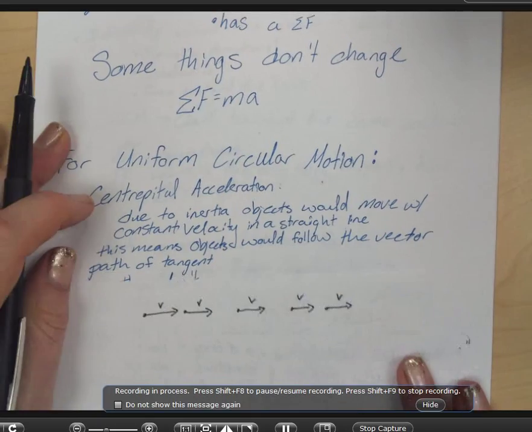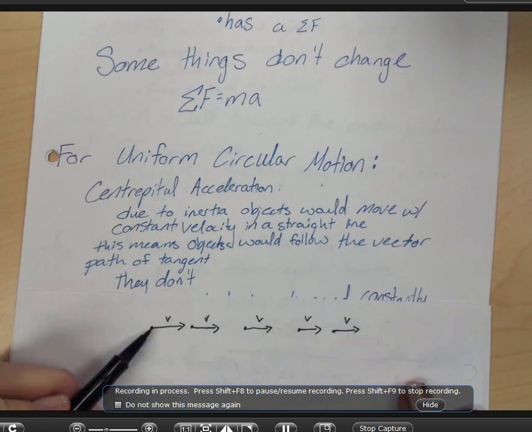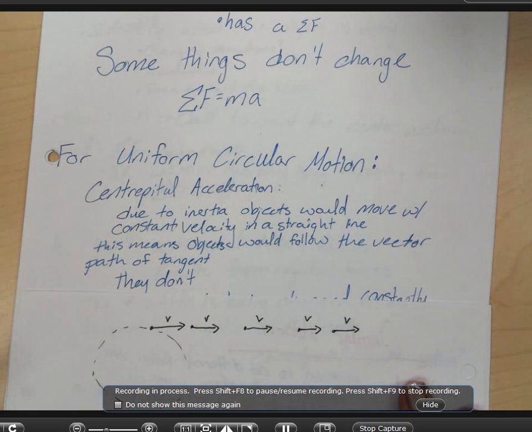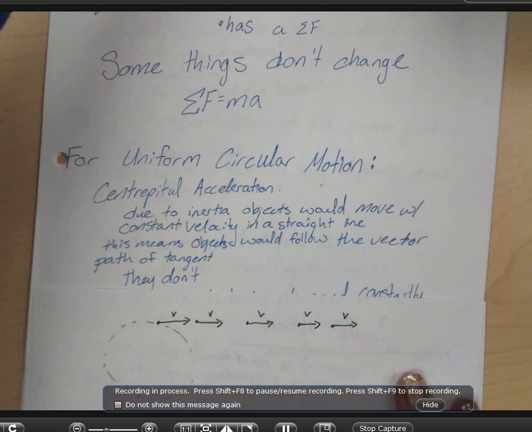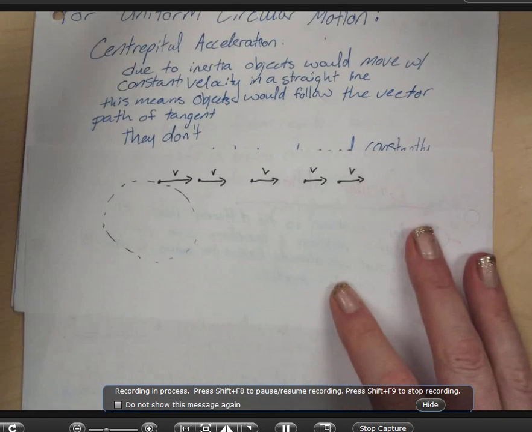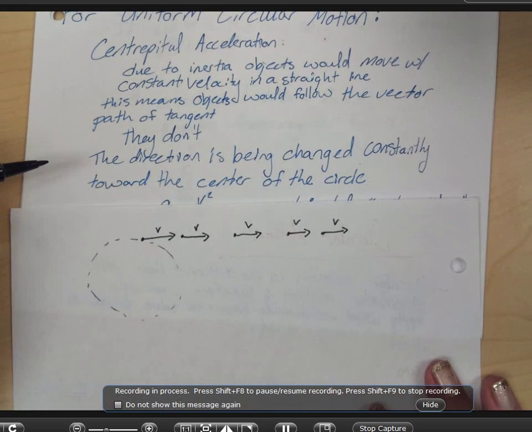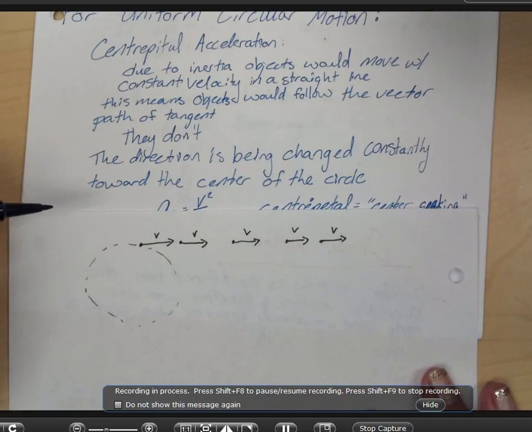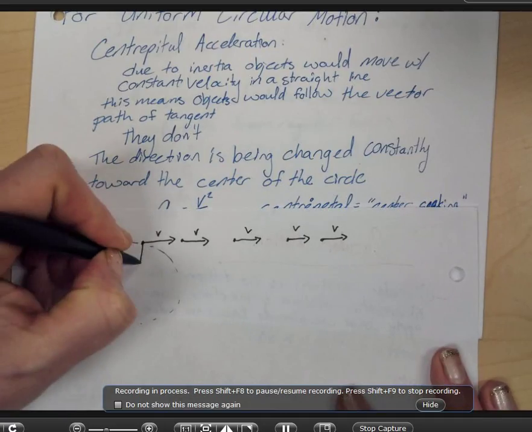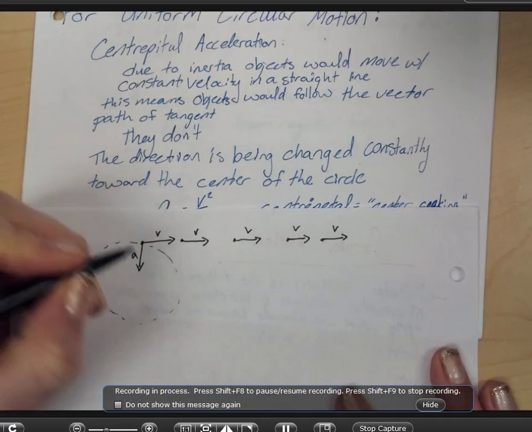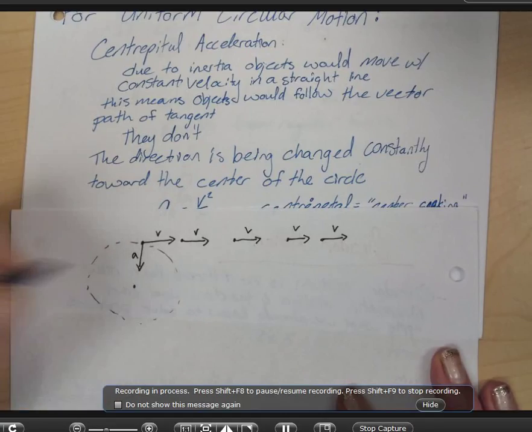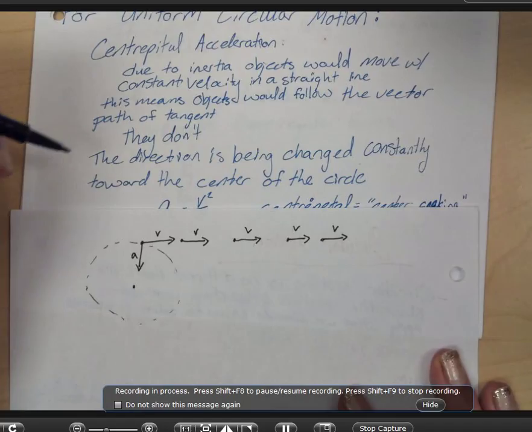But we're looking at an object that's traveling like this in a circle. They don't travel in a straight line. They don't follow the tangential path of their velocity. So the direction is being changed constantly toward the center of the circle. So we established that the acceleration of that object points radially toward the center of the circle. Ignore my imperfect drawing.